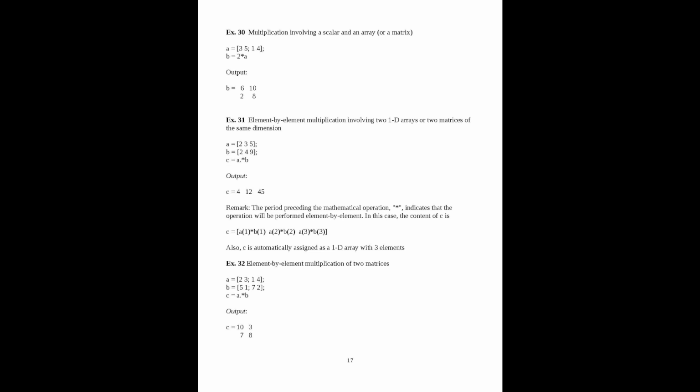And if you want to extract specific elements, multiplying a specific element with the specific element of the other matrix, you can extract them like A of 1 times B of 1, A of 2 times B of 2, and A of 3 times B of 3. So this is all about matrices and multiplication of matrices.